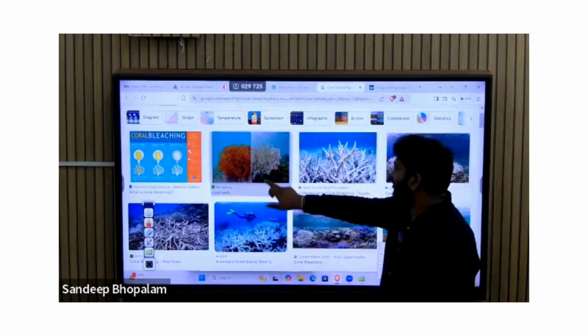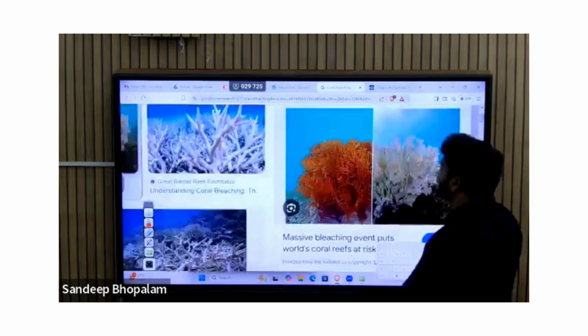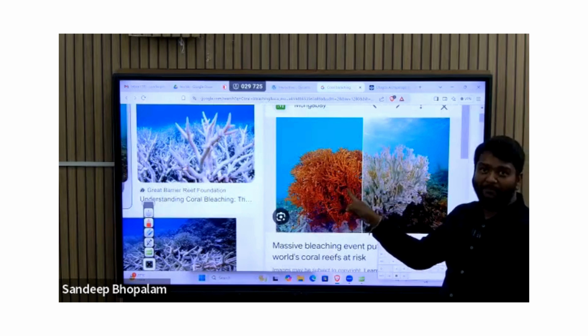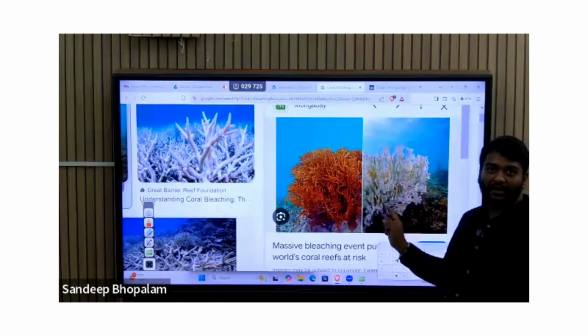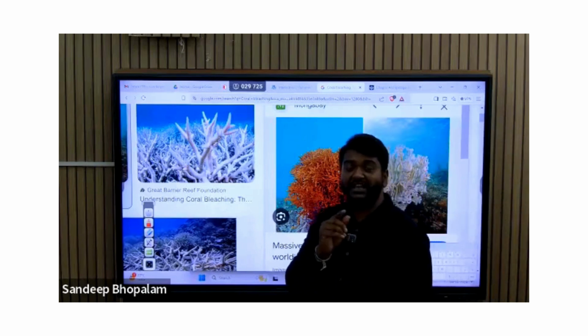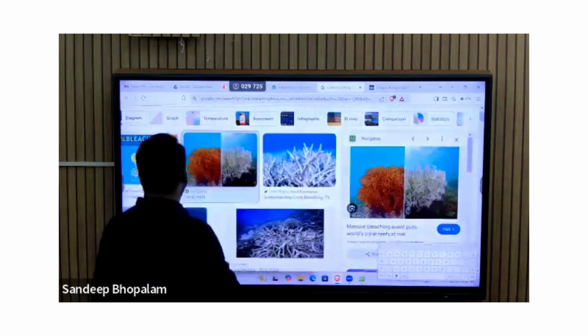Please see here. These colorful pigments in the corals, when they become white, we call it coral bleaching. In Lakshadweep, coral bleaching has increased. That is the reason it is in the news.